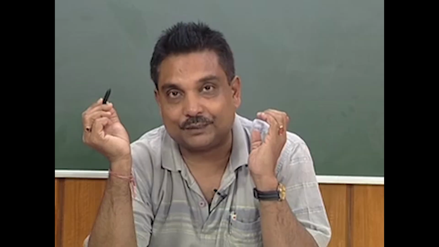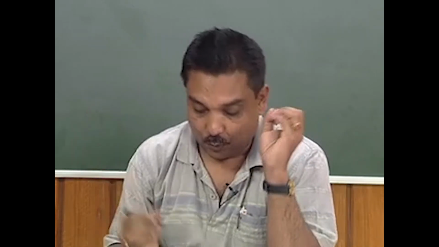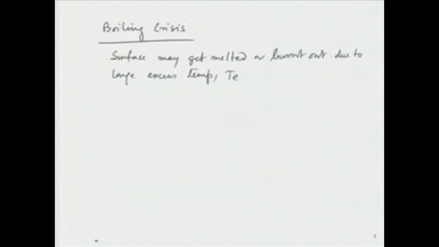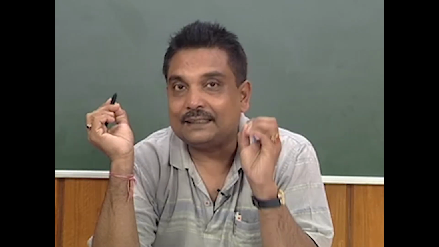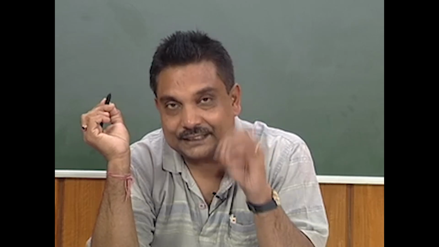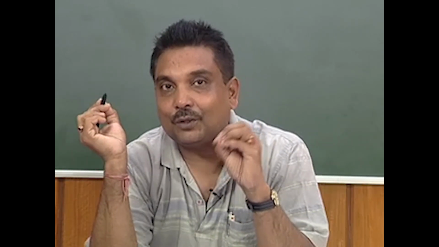That is a high possibility. So, we have to be very careful while designing a reboiler or boiling situation or boiler design. We have to be careful that it never goes to regime 6.